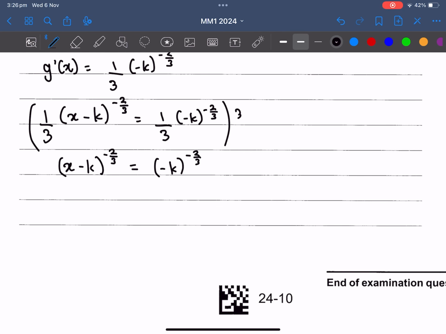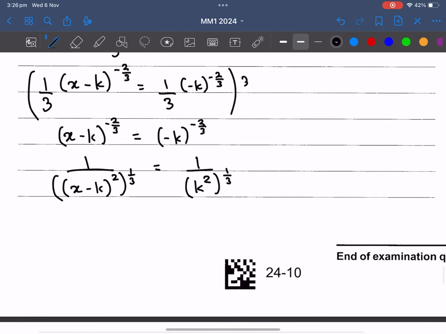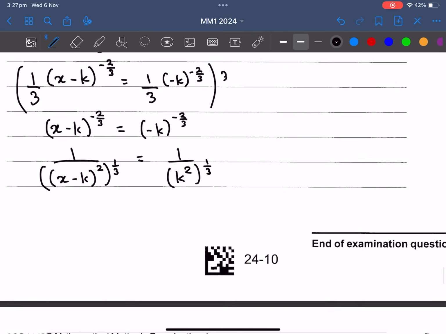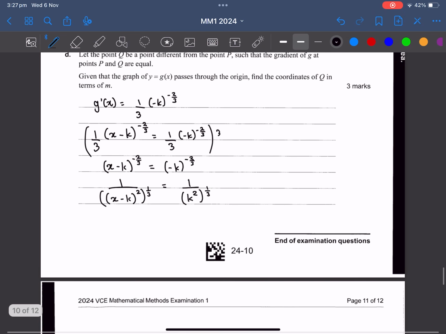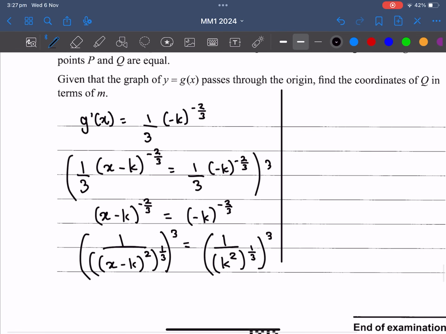Okay, so I can also express these as 1 on the cube root of (x minus k) squared. Same for k, so it will be k squared to the power of 1/3. Negative k squared is just k squared, right? So that's what I've done here. Now I'm going to cube both sides, because 1 cubed is just 1.